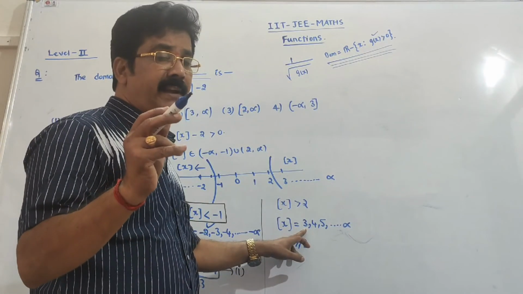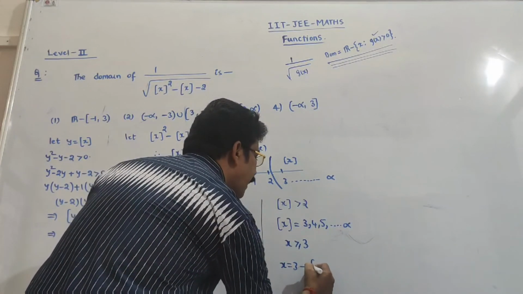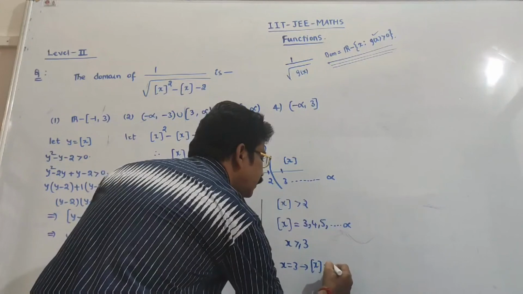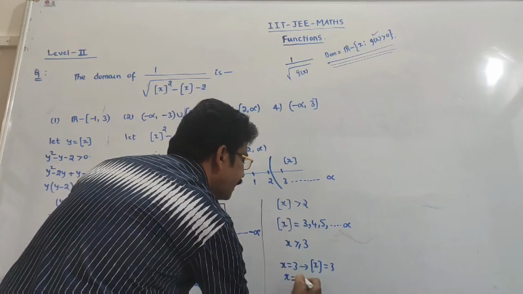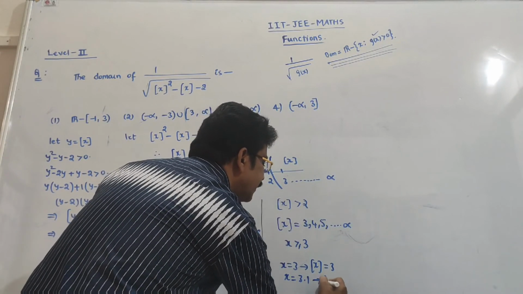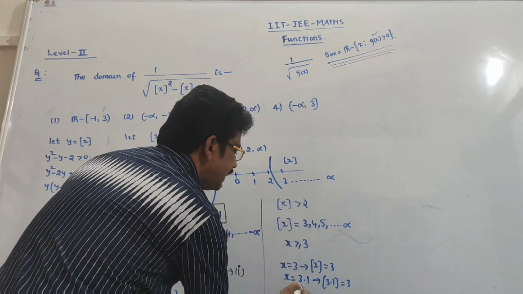For x greater than 3, for example, let us take 3.1, then also box of 3.1 is equal to 3, and so on.